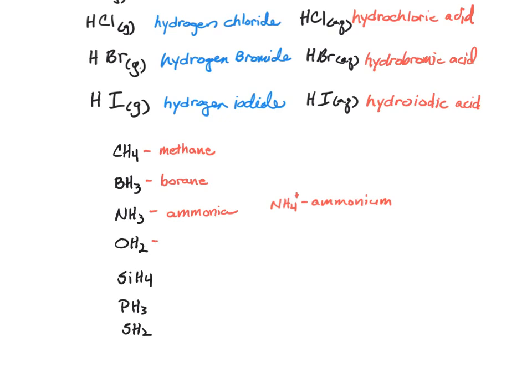Of course, H2O is water. SiH4 is silane. PH3 is phosphine. And then the H2S or SH2 is hydrogen sulfide.